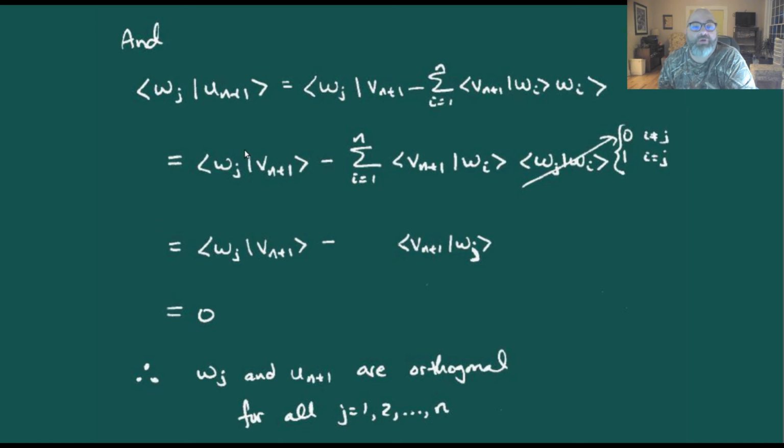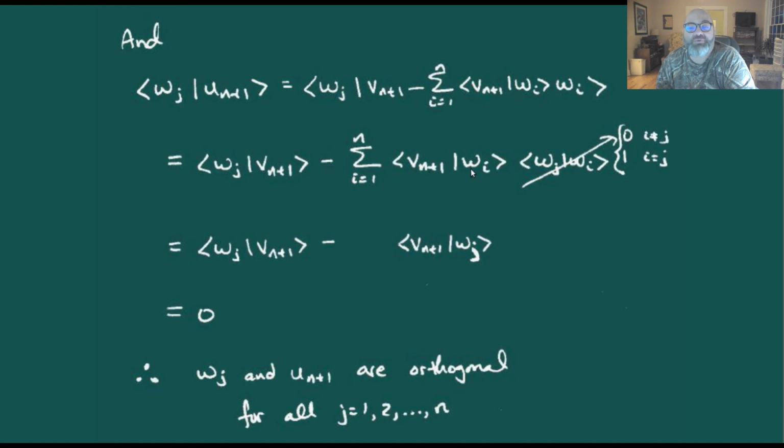Since it can't be 0, if we take that one step further, and we do the dot product with one of our w sub j's that we've already got, then, kind of doing the same thing as before, we replace u sub n plus 1 with our description of what it is. Then we use our properties of the dot product, that these things distribute across addition. So we distribute across the addition, then we're using the linear part, and we can pull out these scalars to the outside.